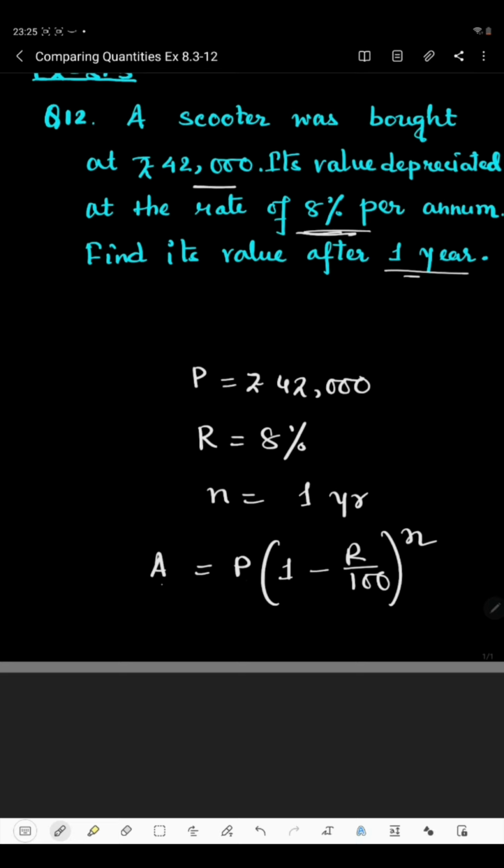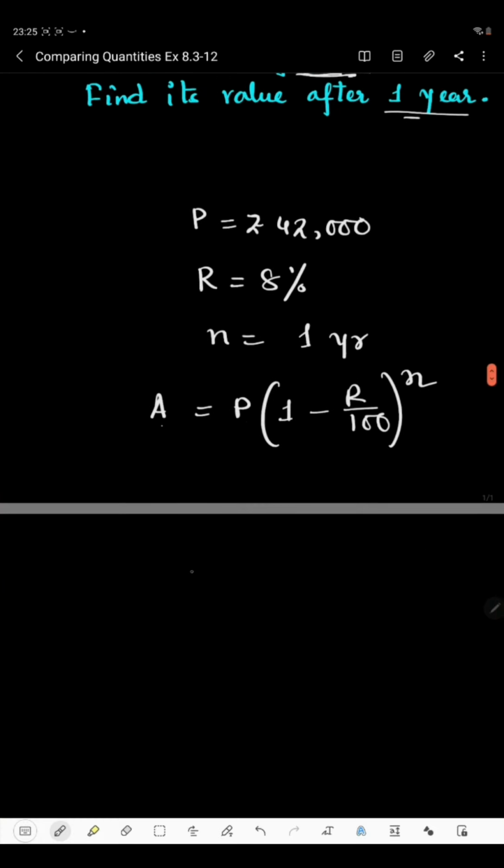Since the value of the product gets decreased, in place of the plus sign we put a minus sign here. Everything else remains the same. So in place of P we put 42,000 into 1 minus 8 divided by 100, and in place of n we put 1.